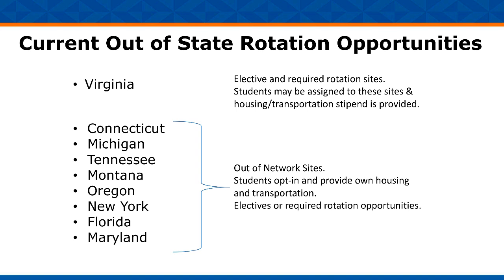These are considered out of network, in which students would be required to provide their own housing and transportation for these experiences. These often reflect unique opportunities for students, such as the rotation in Memphis, Tennessee at St. Jude Children's Research Hospital, or the site in Oregon, which is at a Healthcare for the Homeless clinic, or the Maryland location, which is a newly developing clinical research elective at the National Institutes of Health.